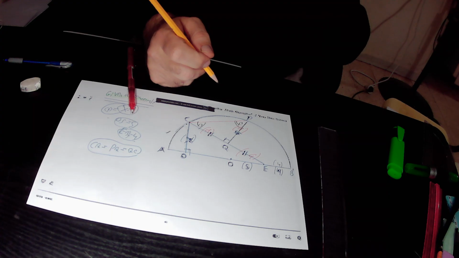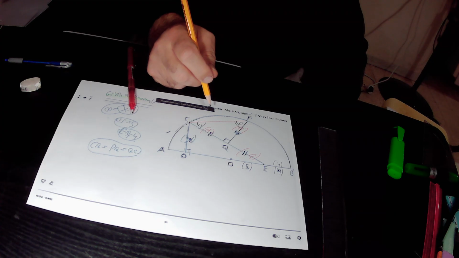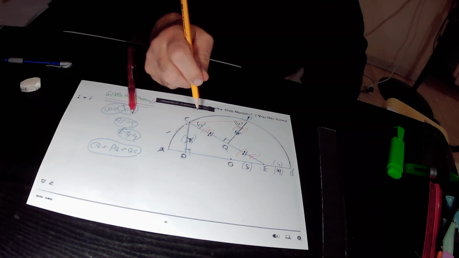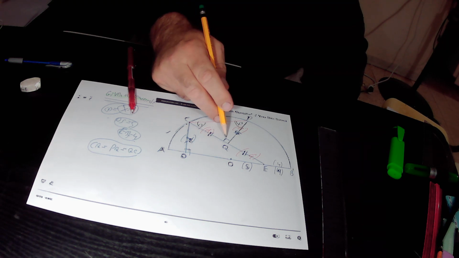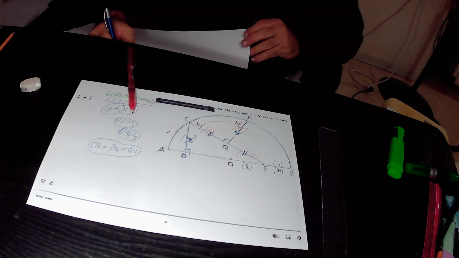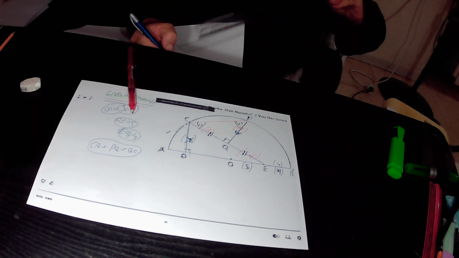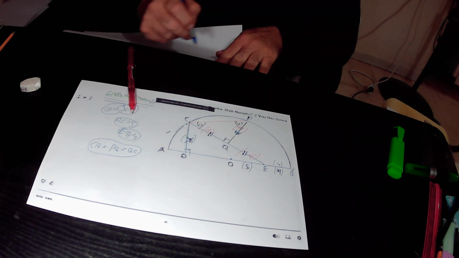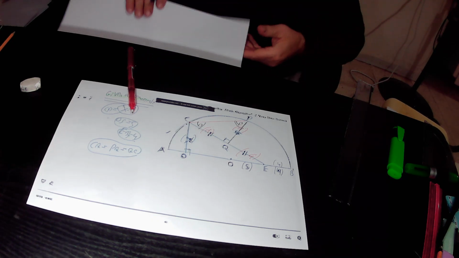We also know that the sum of the angles in any triangle is equal to 180 degrees. So the sum of the angles in triangle CPQ must be equal to 180 degrees. So in this right triangle CPQ, we have alpha plus alpha is 2 alpha, plus 90 degrees, equals 180 degrees.